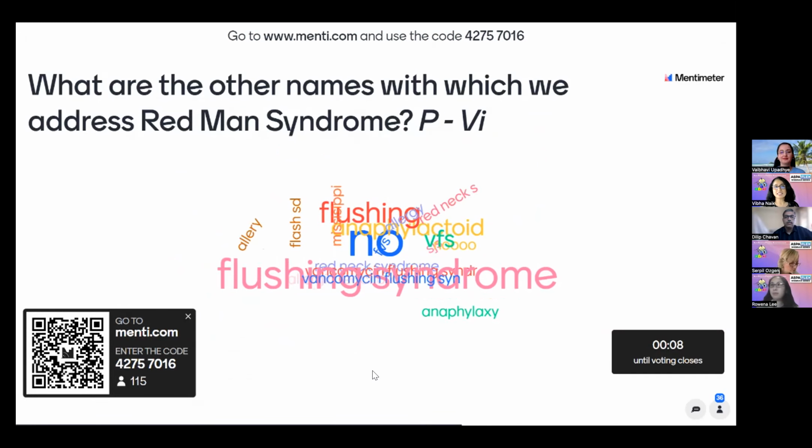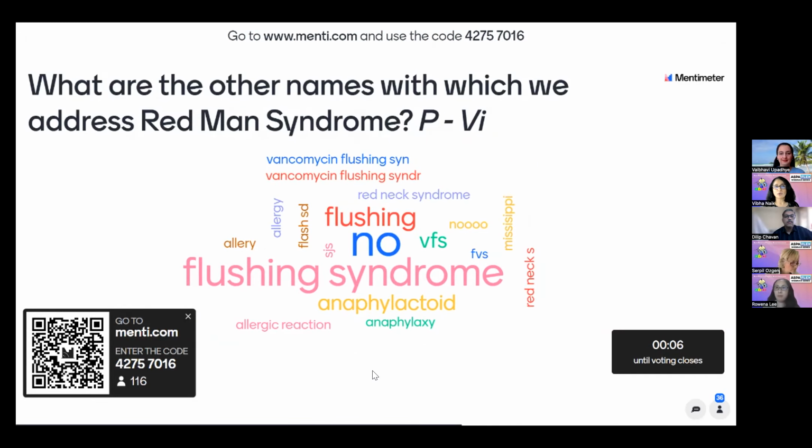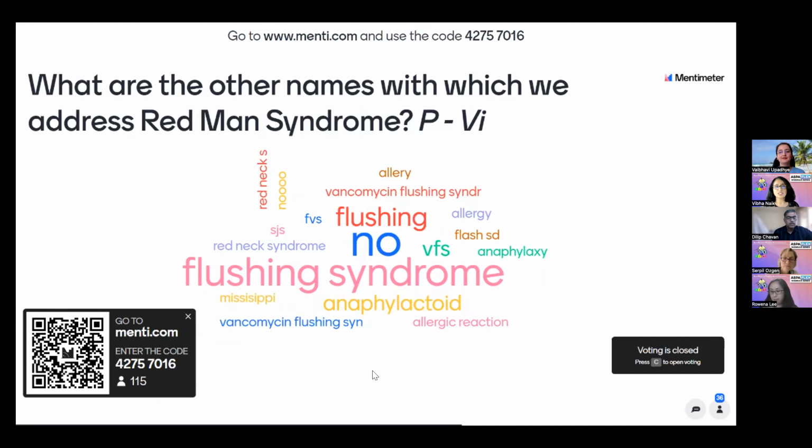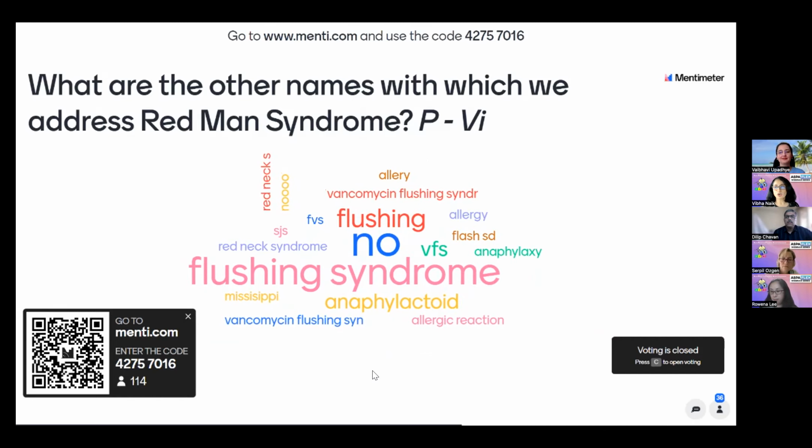But like Dr. Vaibhavi said, it's not appropriate because the redness may not be seen in some patients because the skin is colored. Now in the literature, probably the most commonly used terminology is vancomycin infusion reaction, though there are other names like vancomycin flushing syndrome or vancomycin anaphylactoid reaction.